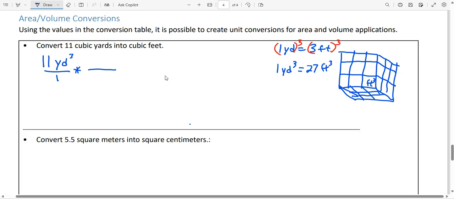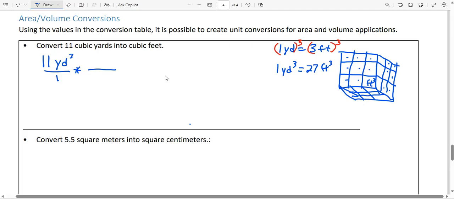And now we can see there's 1, 2, 3, 4, 5, 6, 7, 8, 9 on that slice, and then there's 9 more on that slice, and then there's 9 more on that slice. 9 times 3 is 27. There's 27 little cubic feet in a cubic yard. So this makes sense.